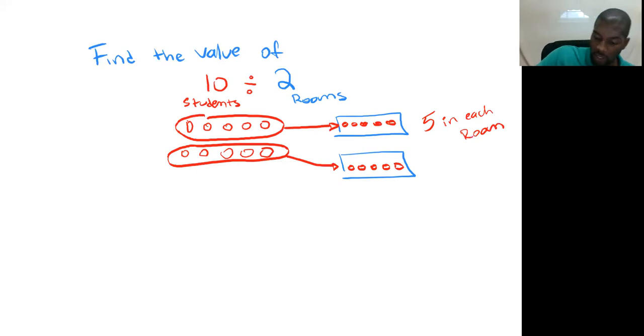So 10 divided by 2 is 5. Nice and easy, right? We started with our total, then we had to divide them into a certain number of groups, and then we found how many would be in each group. So we have 5 in each room. And that's basically how you solve number expressions. You just solve them.